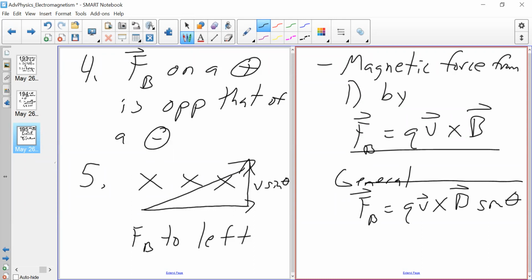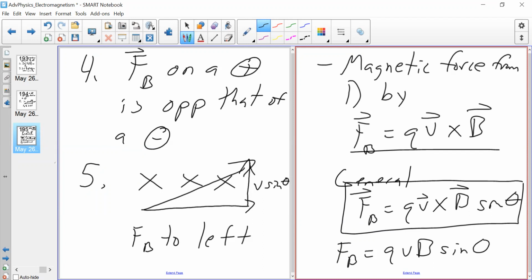All right. And just for your algebraic perspective, the paradigm that you're in now, we can just say qvB sine theta, because we don't have to worry about the rudiments of the cross product.